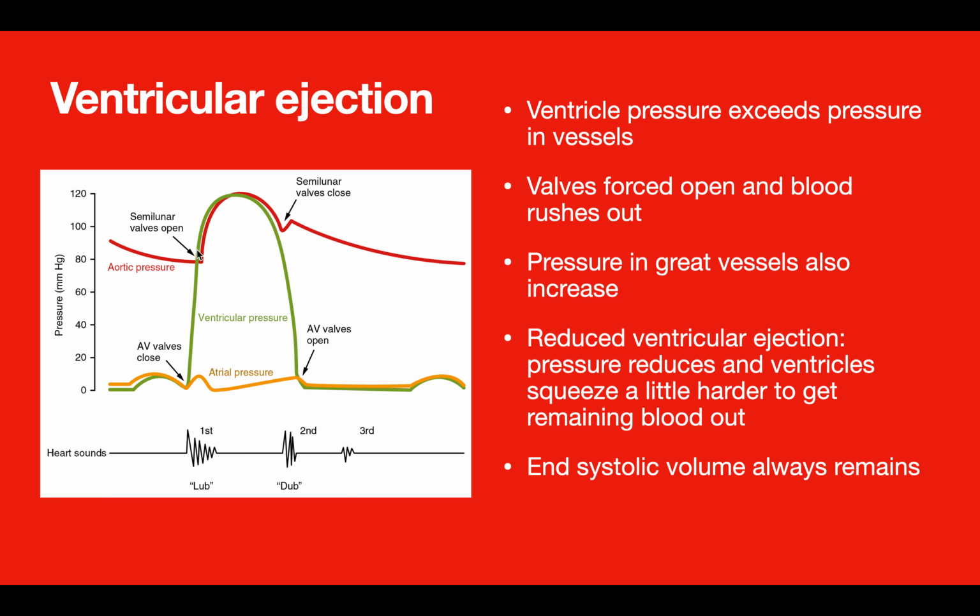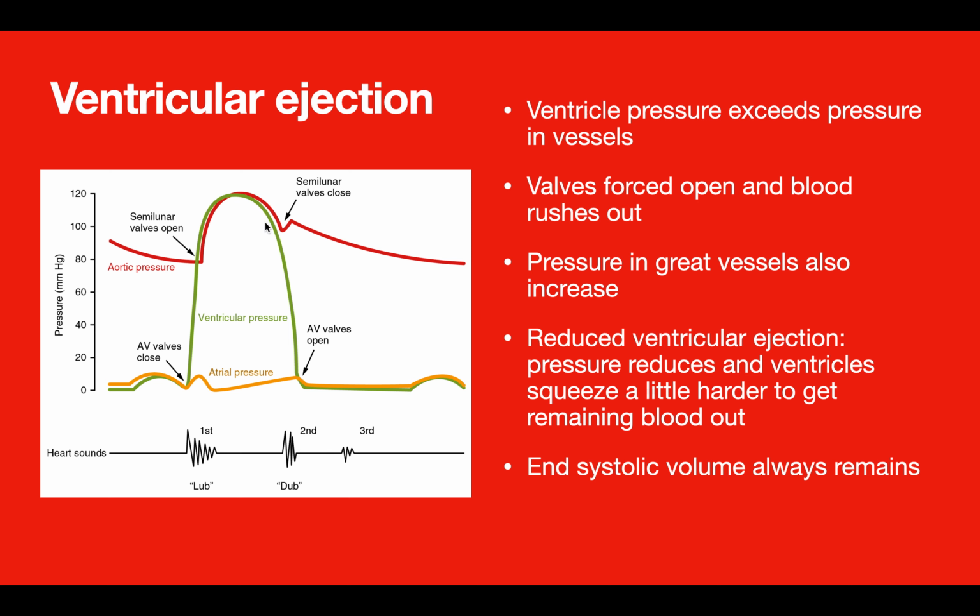So we go past it, bam, they're open, ejection, and then the pressure also increases in the great vessels, because there's more blood now. And then when they close, there's going to be the relaxation, and the reduced ventricular ejection doesn't really show here, but let's say this is the rapid ejection, and then maybe here there's going to be the reduced.